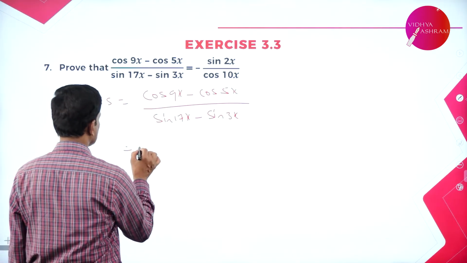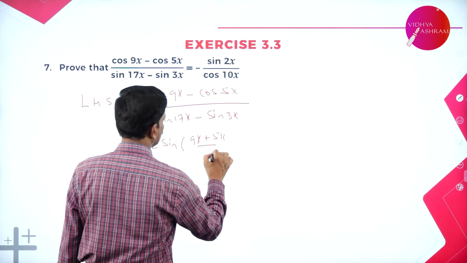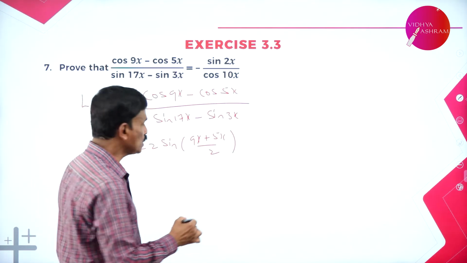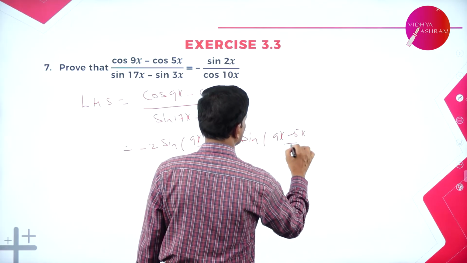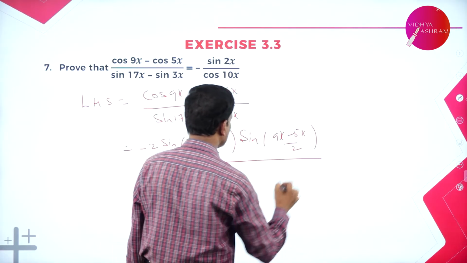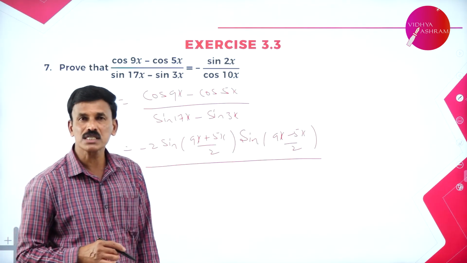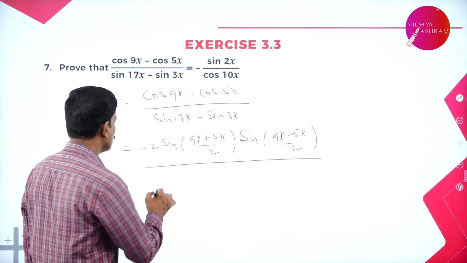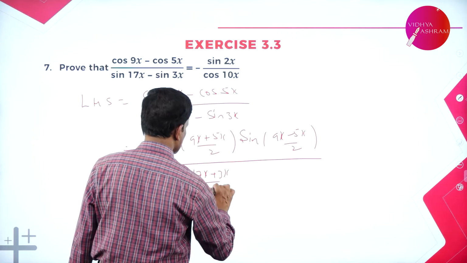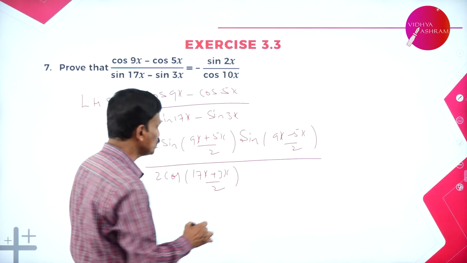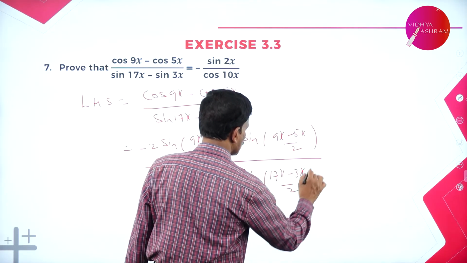Cos c minus cos d is equal to minus 2 sin (c+d)/2, that is (9x+5x)/2, into sin (c-d)/2, that is (9x-5x)/2. In the denominator, sin c minus sin d is equal to 2 cos (c+d)/2 into sin (c-d)/2, so this is 2 cos (17x+3x)/2 into sin (17x-3x)/2.